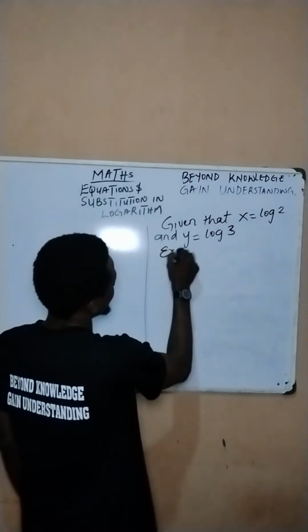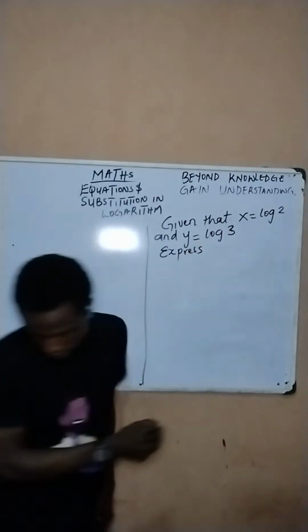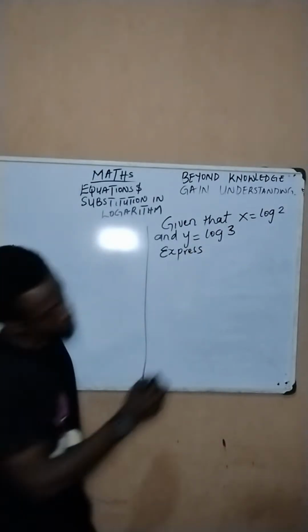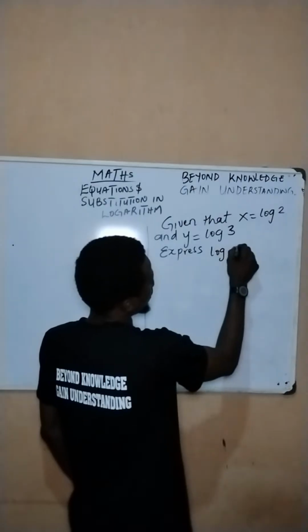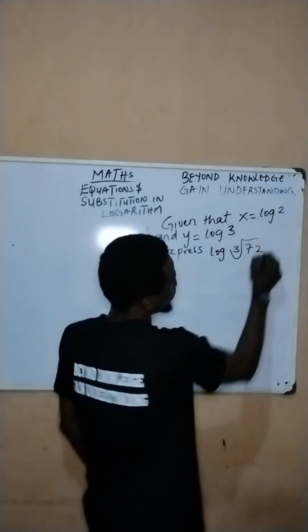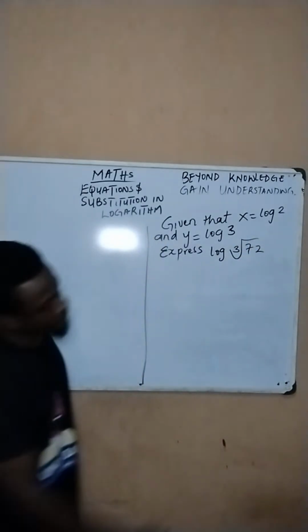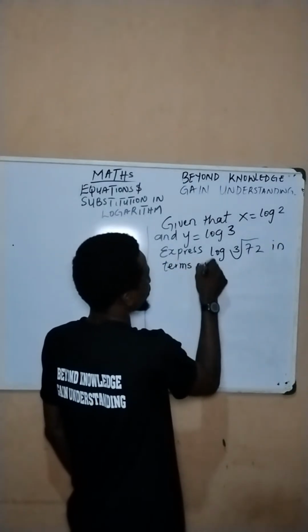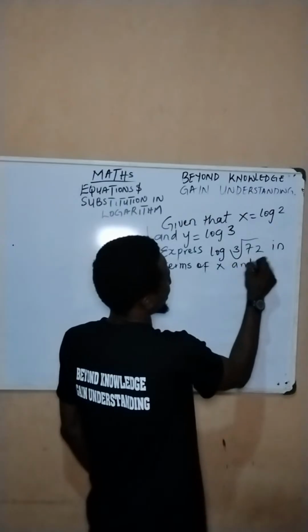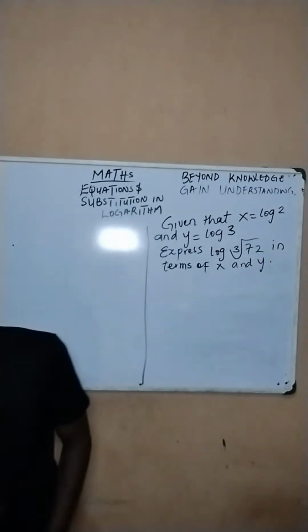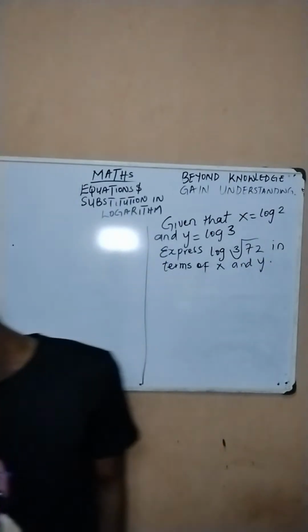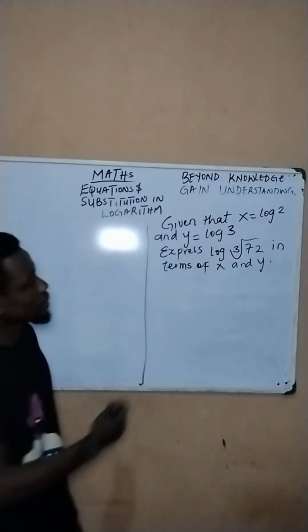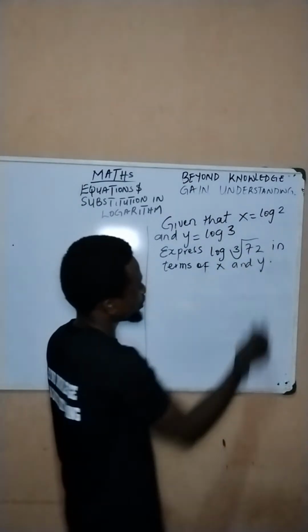Express log cube root of 72 in terms of x and y. That is what we're asked to do. We're asked to express log cube root of 72 in terms of x and y.